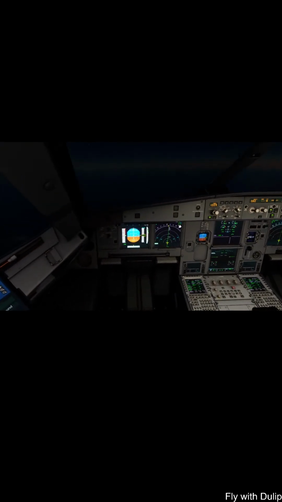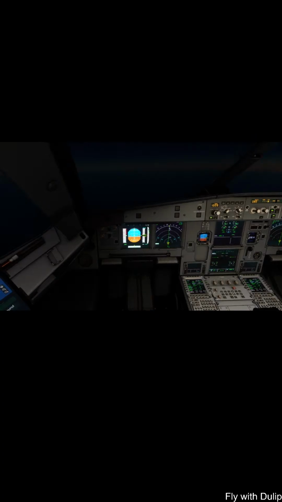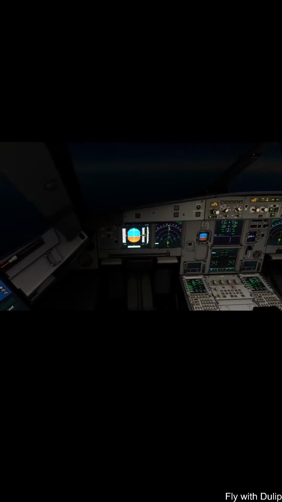Malé control radio check. Malé control SriLankan 104 with you, passing flight level 320 for 380.